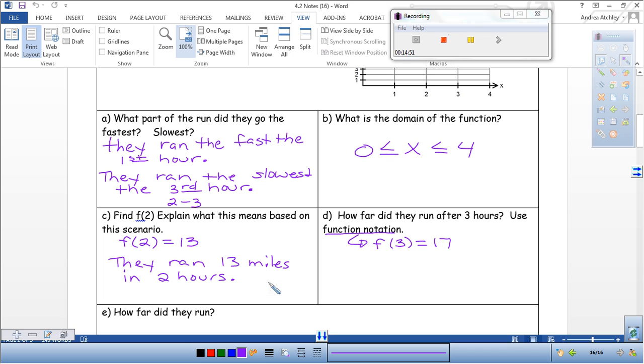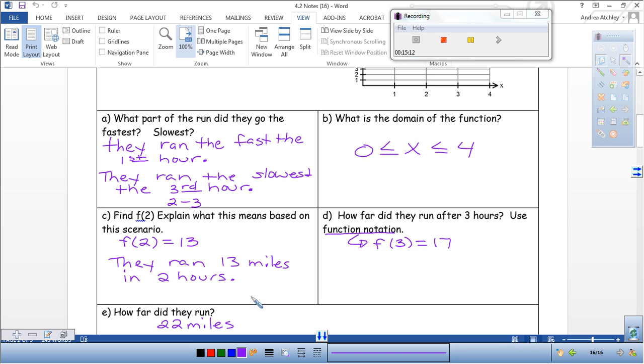And in total, class, how many miles did they run? 22 miles. Now, is that reasonable? Not that you want to run this, but could they run 22 miles in 4 hours? Would that be a fast pace or a slow pace?